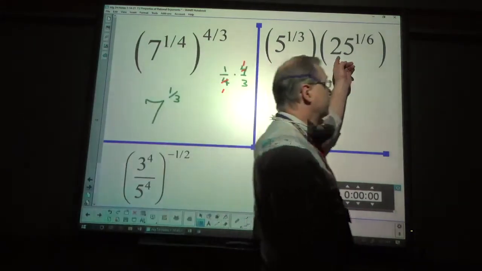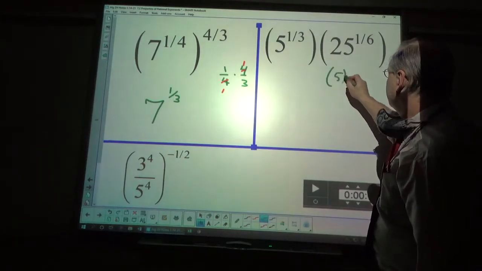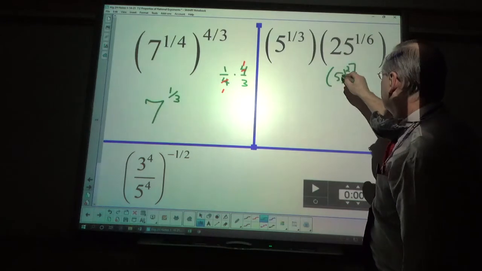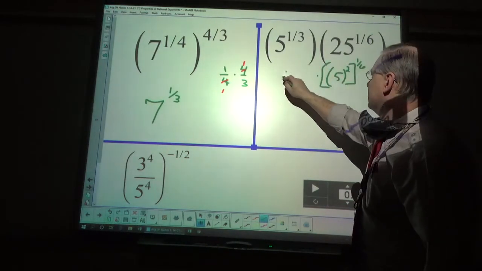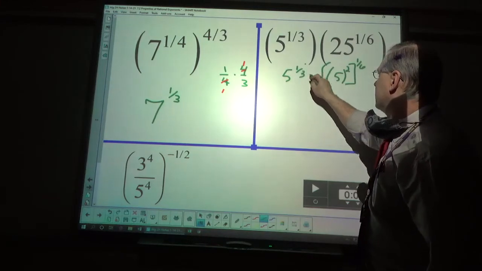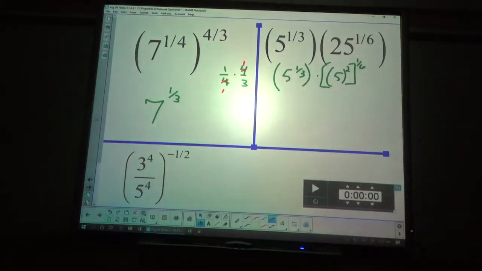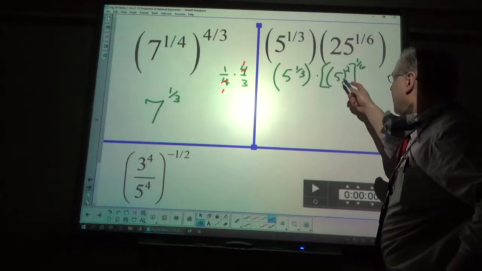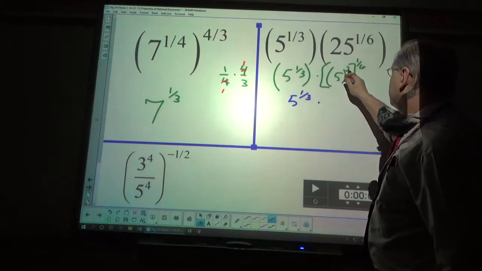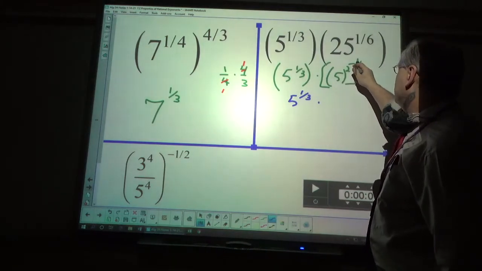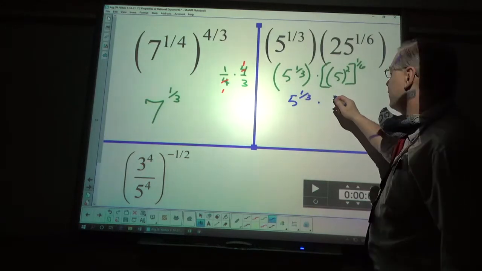Over here, I could rewrite 25 as 5 to the 2nd power raised to the 1/6 power. Now I have them with the same base, but this isn't just one power, so let's simplify that. I multiply exponents. 2 times 1/6 is 2/6 or 1/3.